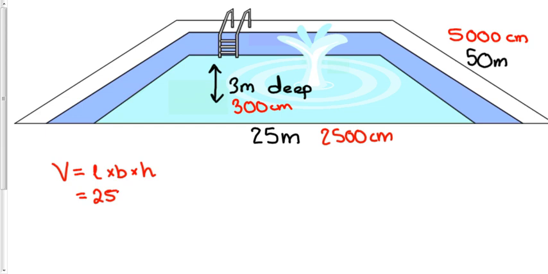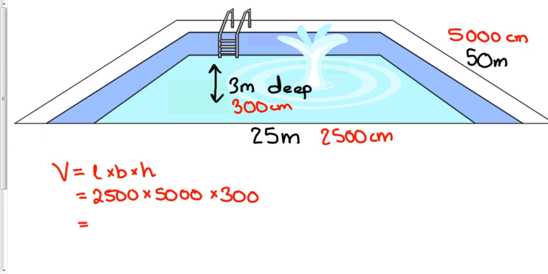It's going to be 2,500 in this case, times 5,000, multiplied by 300. Okay, and I'm going to use my little trick here.